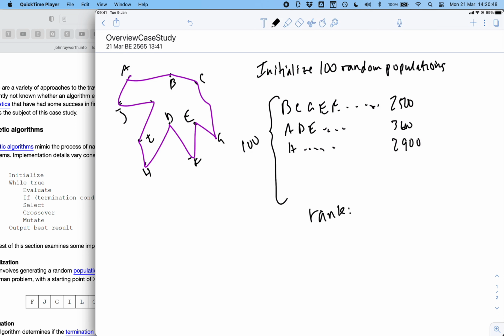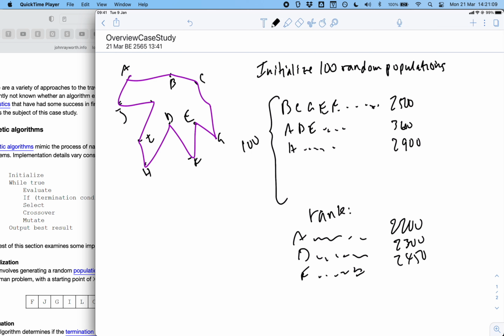And usually it's going to be least to greatest, and so maybe there ends up being one that's 2,200, and one that's 2,300, and one that's 2,450. We don't know what the order is. You just imagine that those are ranked.